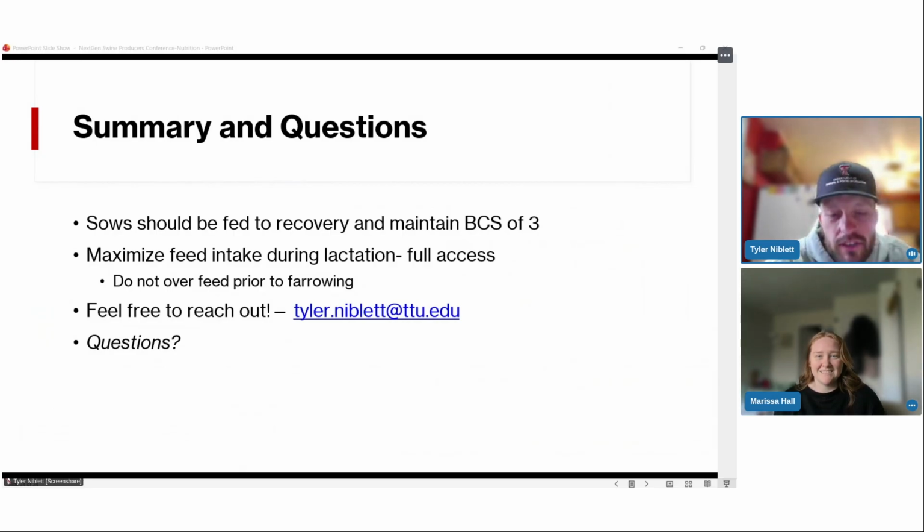Local feed mills. I forgot to mention at the start that I'm originally from Delaware and spent some time in Virginia. In those areas, the Mill of Bel Air up in Maryland is a great place. The Delmarva Feeds, on the Eastern Shore of Maryland.